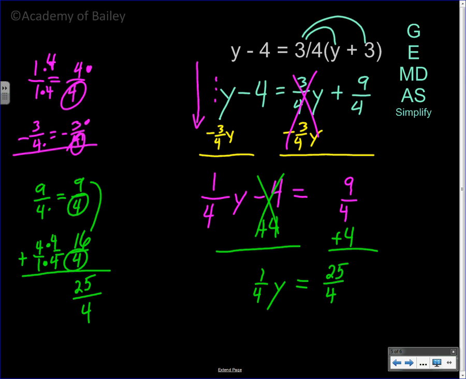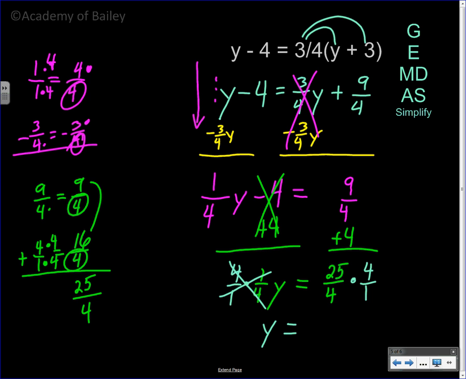Now, how are we going to get rid of multiplying by 1/4? We could divide by 1/4, but when we divide fractions, we are really multiplying by the reciprocal. And those cancel out, leaving you with 1y. Multiplying by the reciprocal. Now we can cancel some things out here.